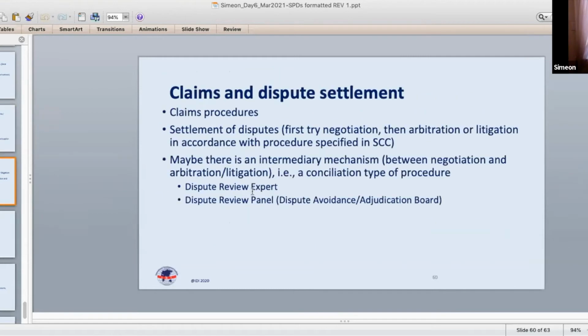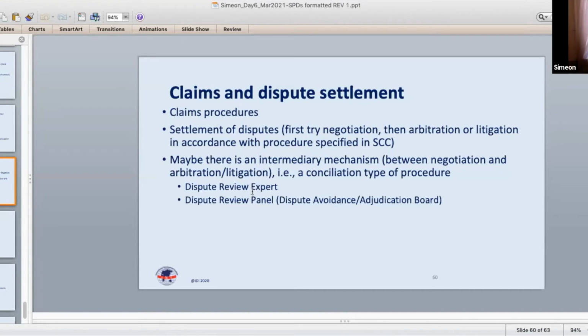Okay, claims and disputes. Claims procedures are procedures which establish a process whereby the parties may claim against each other for issues that may have arisen in the course of implementation of the contract.